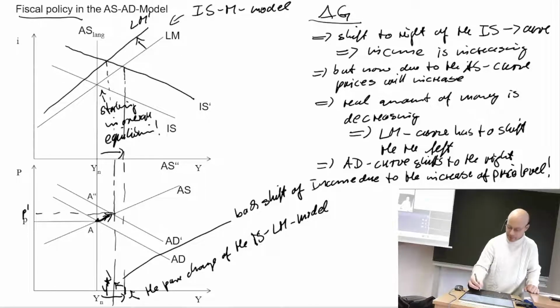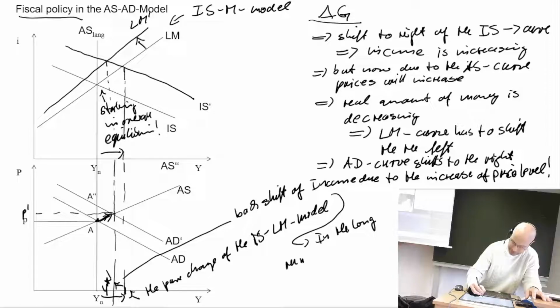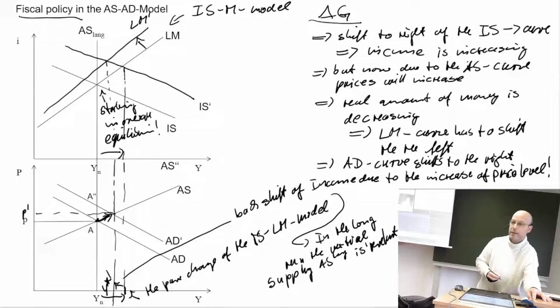And then what happens in the long run? In the long run, the vertical supply curve AS long is relevant, and therefore in the long run prices are now fully flexible.